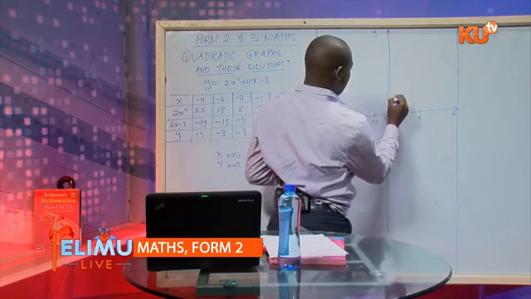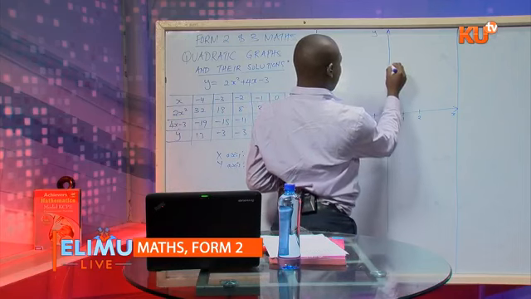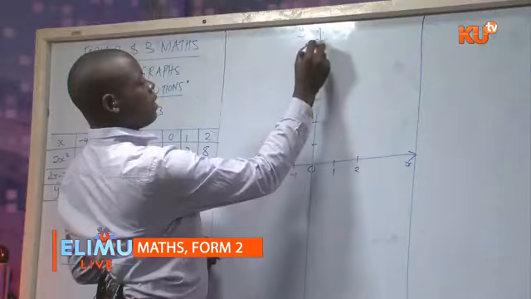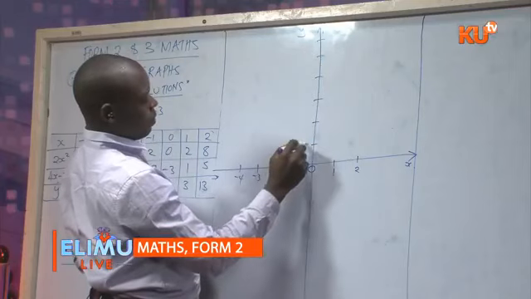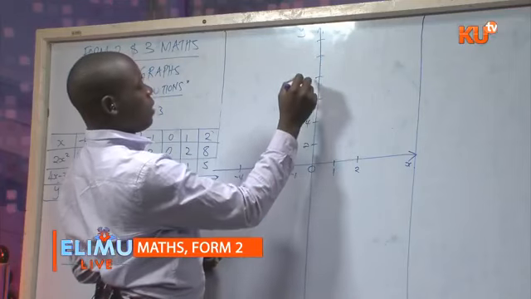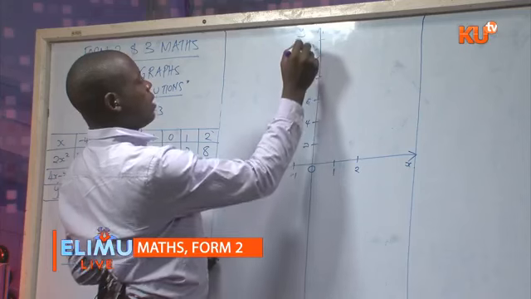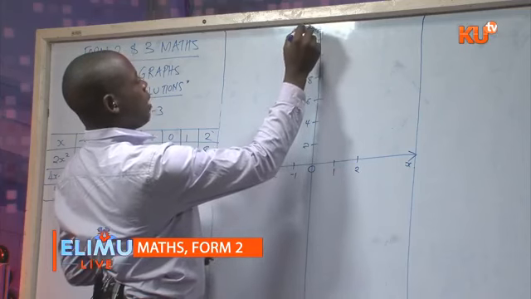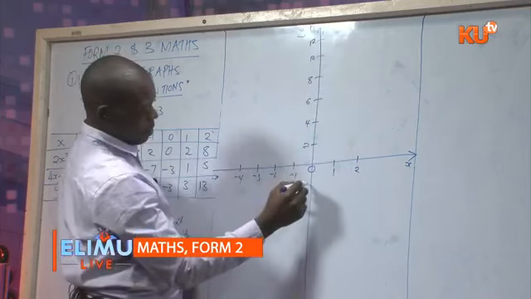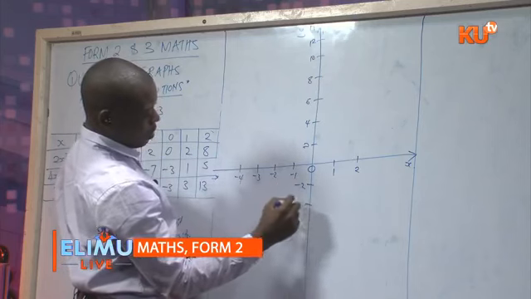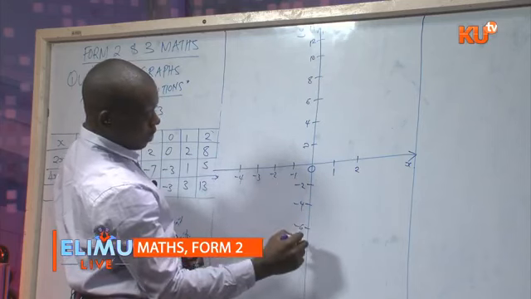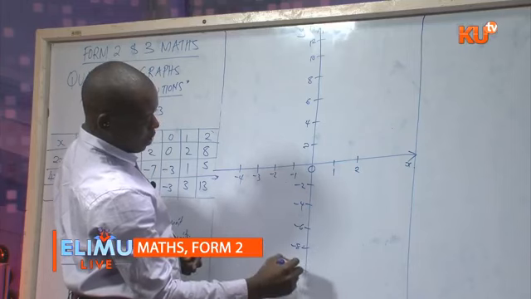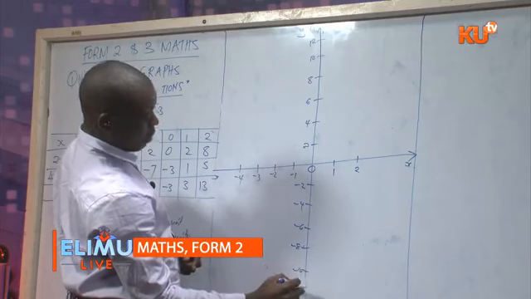So I will have 1, 2, 3, 4, 5, and 6. So 2, 4, 6, 8, 10, 12. Then we can have 14, negative 2, negative 4, negative 6, negative 8, negative 10, negative 12.